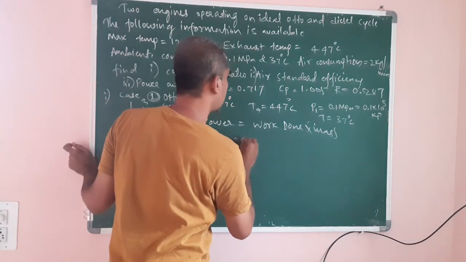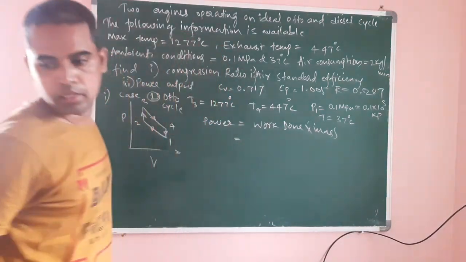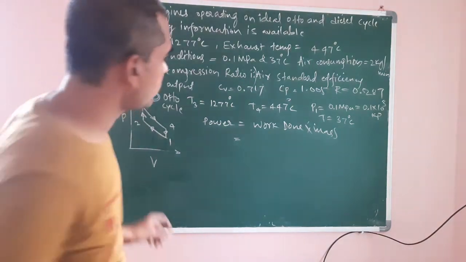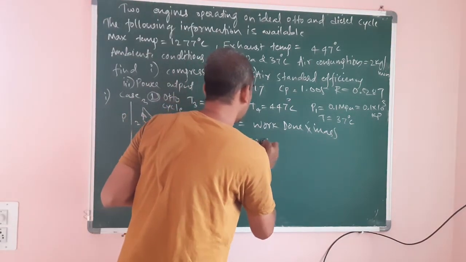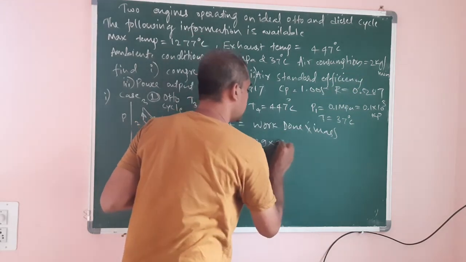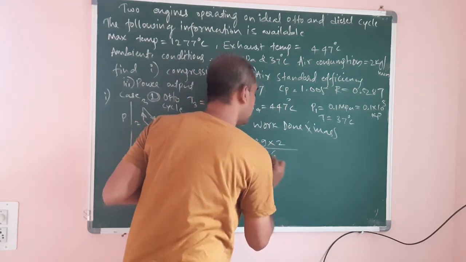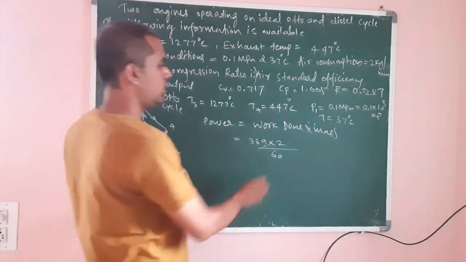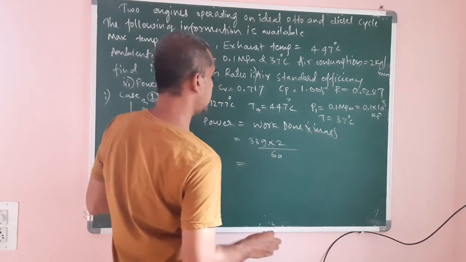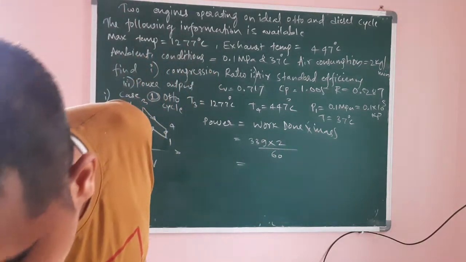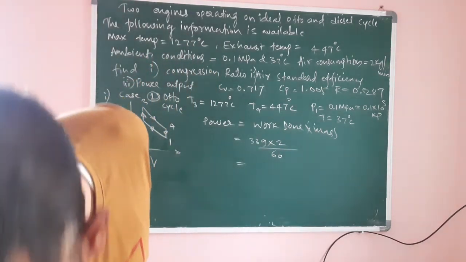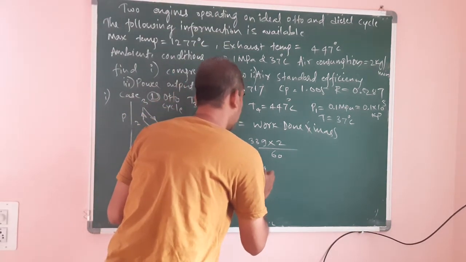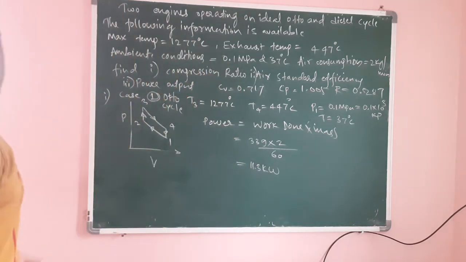Work done is whatever we have calculated, 339, into mass flow rate, 2 kg per minute. To convert it into kg per second, it will be divided by 60. I have divided by 60. Therefore, we will get 11.3 kilowatt. Okay, this is for the Otto cycle.